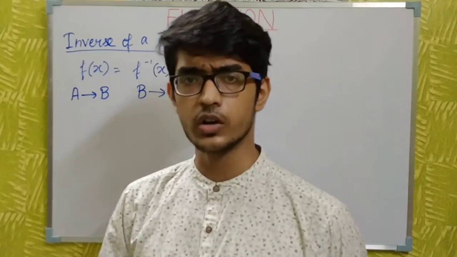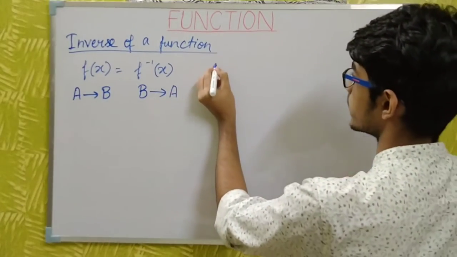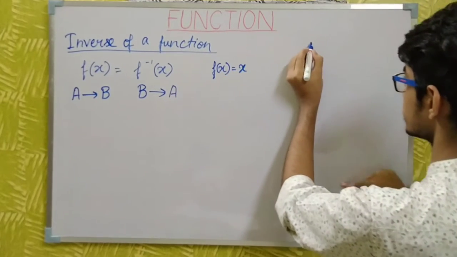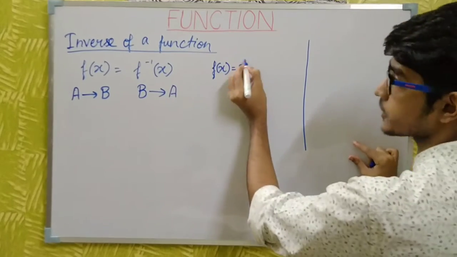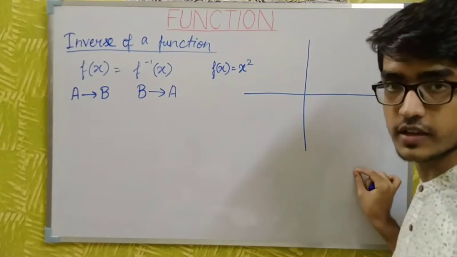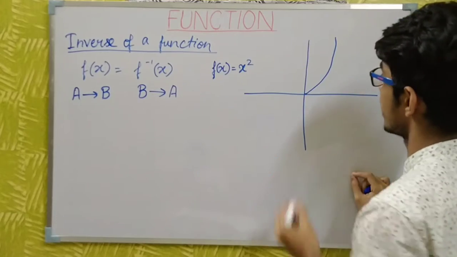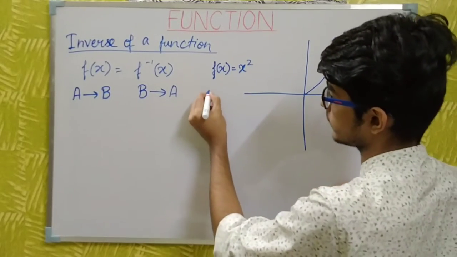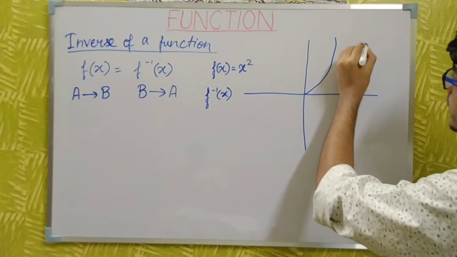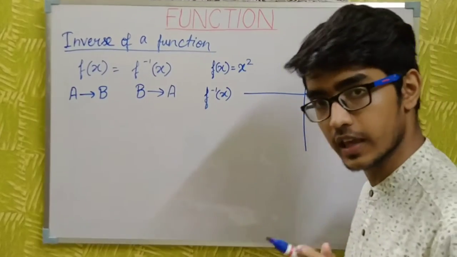Now what will be the graph of an invertible function? Let's suppose f(x) equals x, or suppose f(x) equals x square. Now f(x) equals x square, its graph in the first quadrant goes like this, and if we find f inverse x, then we will draw the line y equals x and its reflection is the f inverse x.